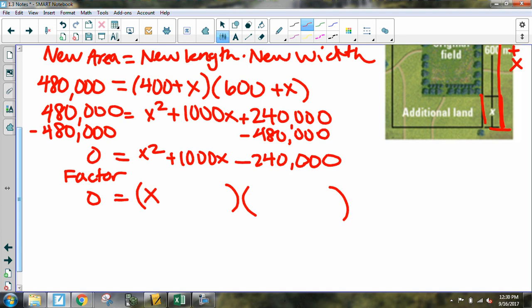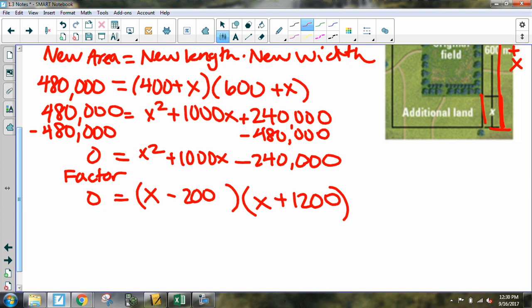Okay, so now our goal is to factor. So we have x and x, and then we have to figure out two things that multiply to give you negative 240,000, add to give you 1,000. So just think about it, if you get rid of some zeros, that you multiply to give you 24, add to give you 10. Okay, and your factors are going to be negative 200 and 1,200.